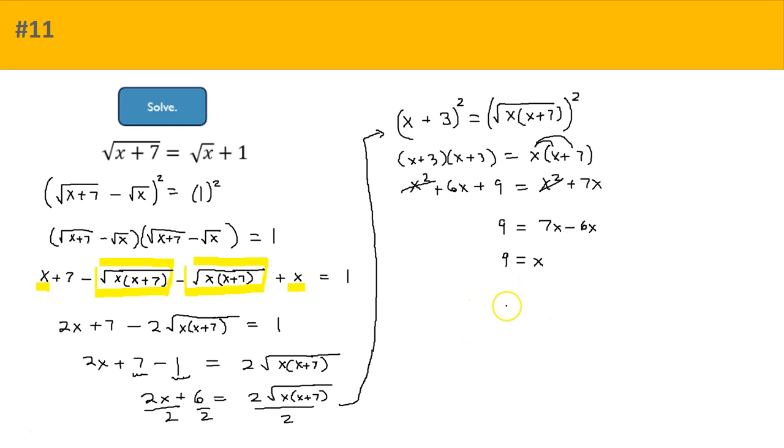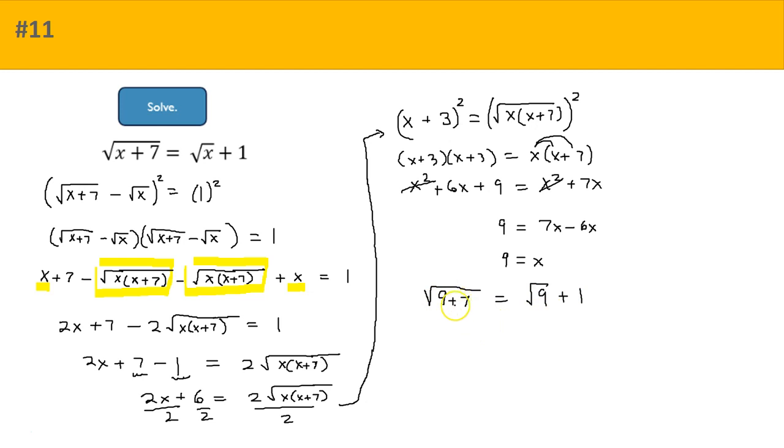Okay, so that appears to be the correct solution, but let's check to make sure we do not have any extraneous solutions. So with x equaling 9, we can plug that back in, or substitute it back into the original equation. So it'll be 9 plus 7 is equal to the square root of 9 plus 1.